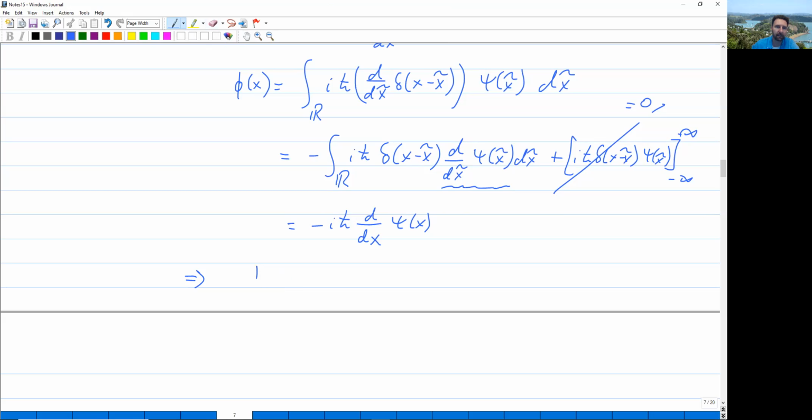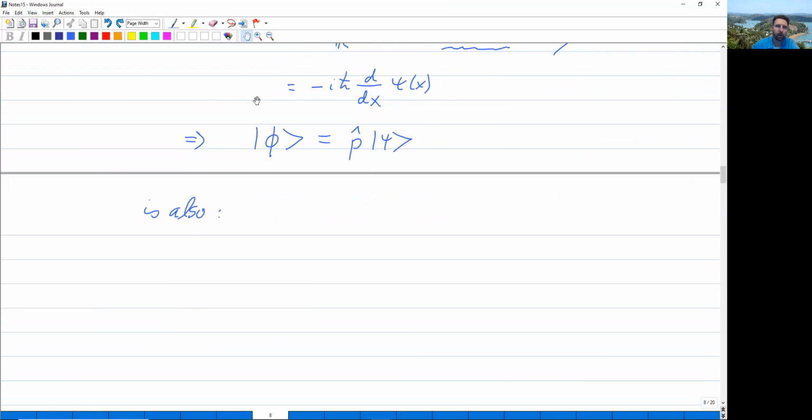Therefore, we have that the abstract equation phi equal to p hat psi is also, namely in the position representation, phi of x equal to minus i h bar d by dx psi of x.